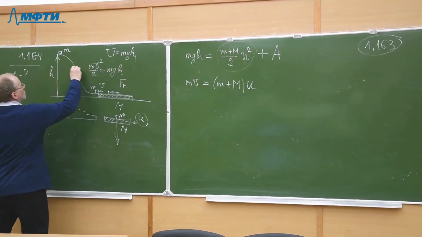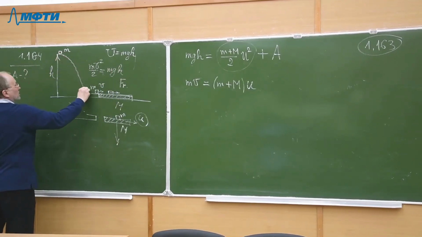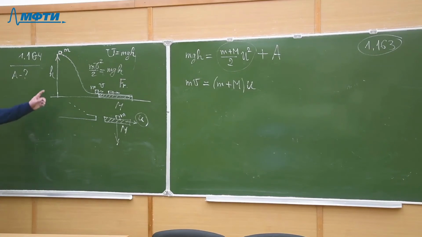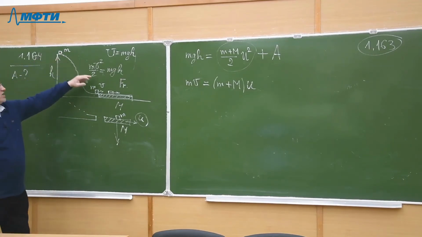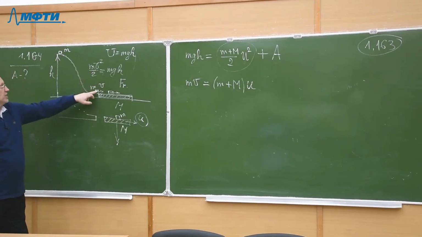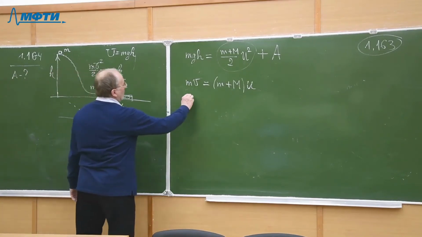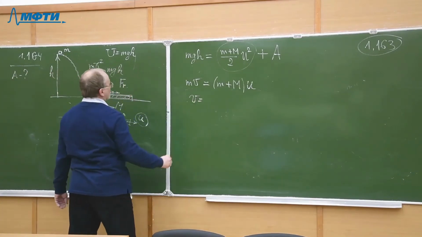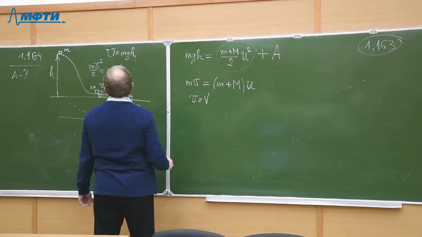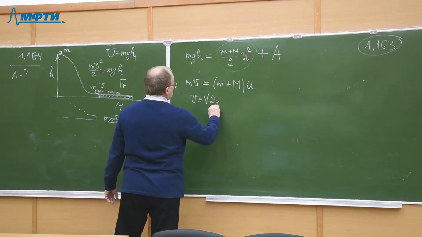And that's true because here on this surface there is no friction and the energy is not lost on friction. So the initial potential energy mgh all goes into a final kinetic energy of the disk here at this point. So the velocity v can easily be calculated. We know the velocity v, it's the square root of 2gh.